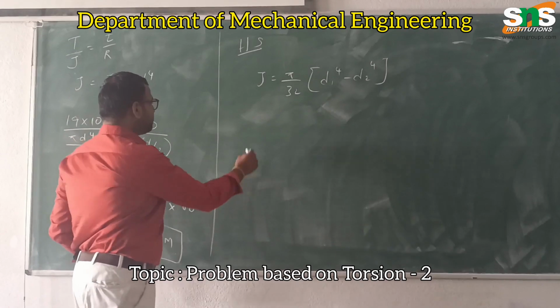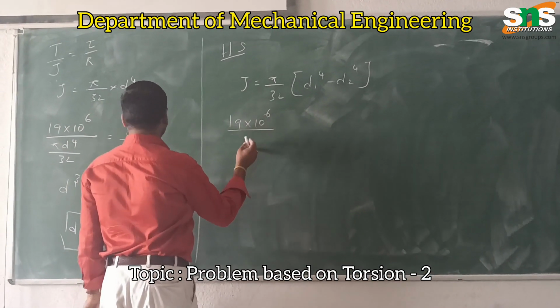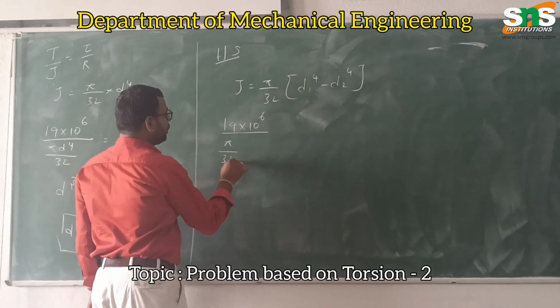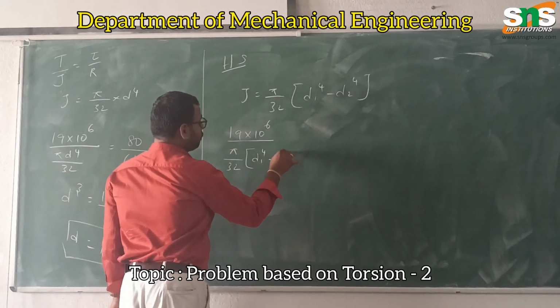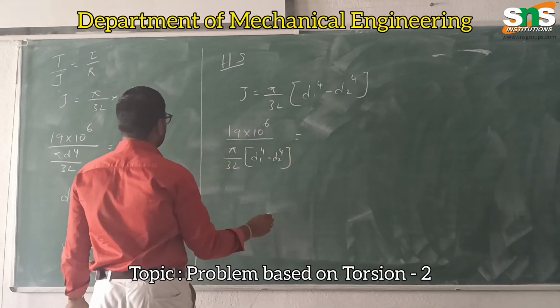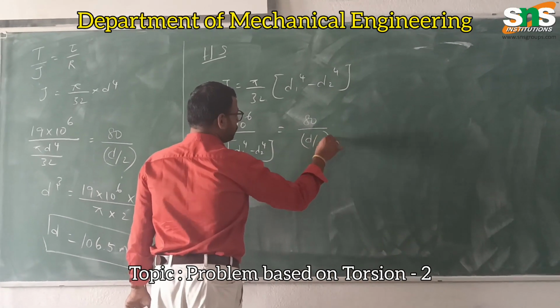So torque value means 19 into 10 to the power 6, divided by pi by 32 into d1 power 4 minus d2 power 4, equal to tau, 80, divided by d by 2.